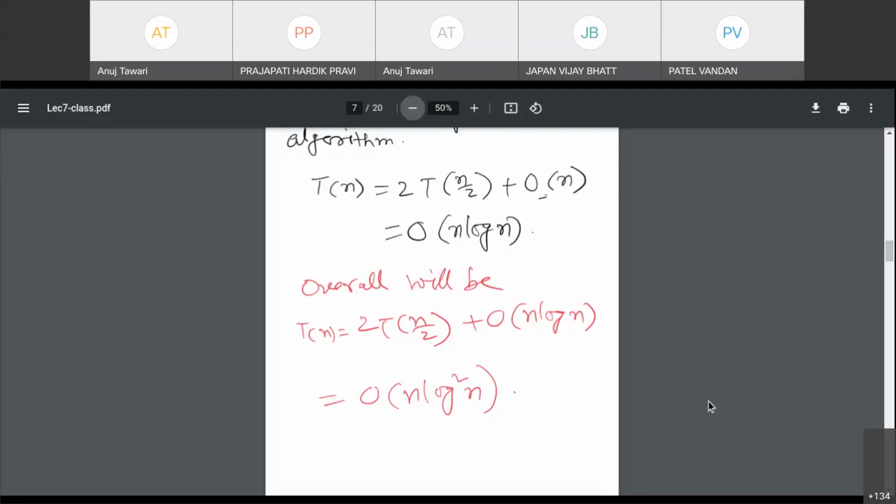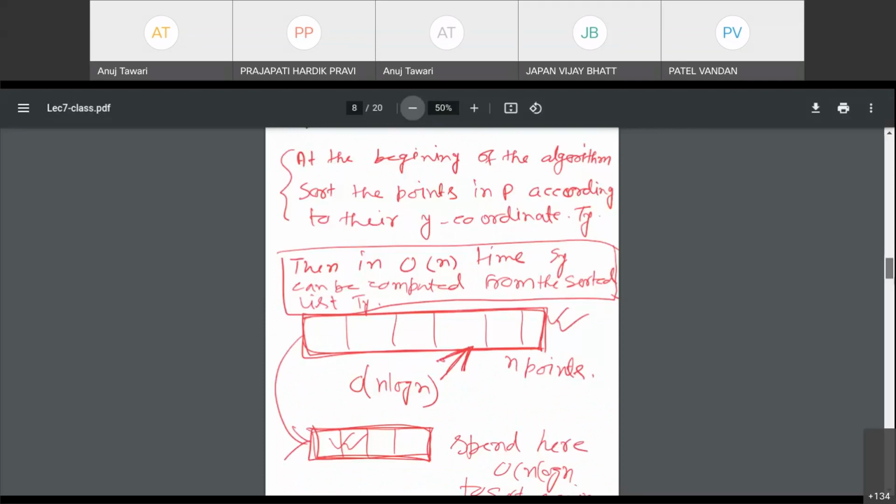Okay. So now our idea is to shift this sorting by y coordinate to the beginning of the algorithm. In the beginning, we were just sorting by x coordinate. Now we also want to sort by y coordinate. And that's the thing here.